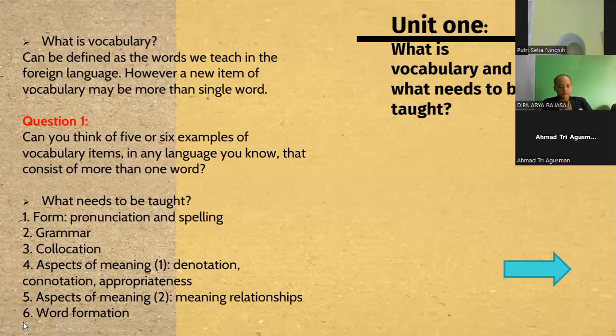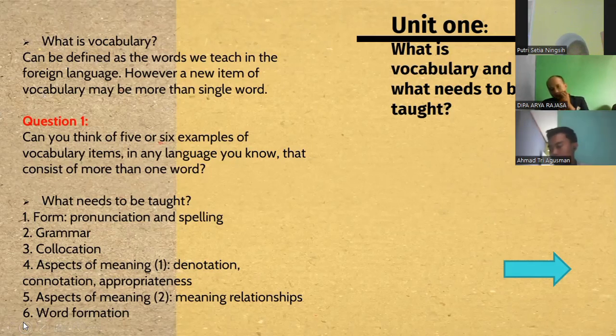So question 1 is, can you think of 5 or 6 examples of vocabulary items in any language you know that consist of more than one word? The next is about what needs to be taught. There are 6.